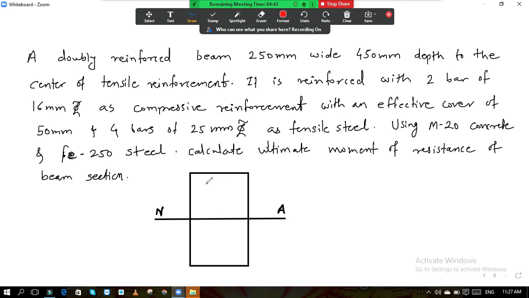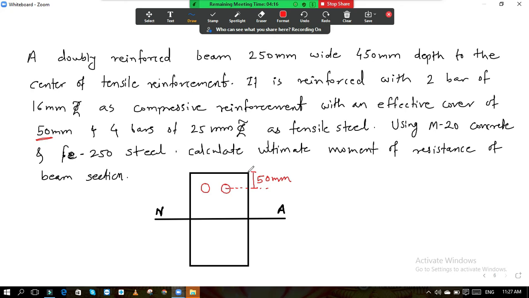So I will show over here 2 bars, 1 and 2. Okay. These are the 2 bars of 16 mm diameter. But what is the effective cover? Here you can see 50 mm is the effective cover they have provided us. So if I take from the center of this bar and from top, the effective cover in compression zone, it is given as 50 mm.